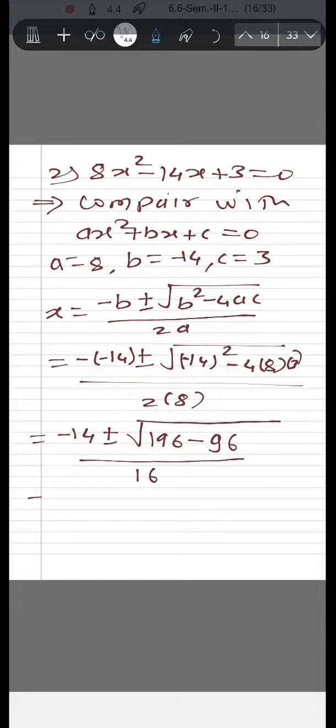So which is equal to what? Minus 14. See, minus minus will get a positive value. Therefore, instead of that, directly I can write positive 14. Okay, so 14 plus or minus, the value will be 100 divided by 16, which is equal to, wait, I will take a new page.